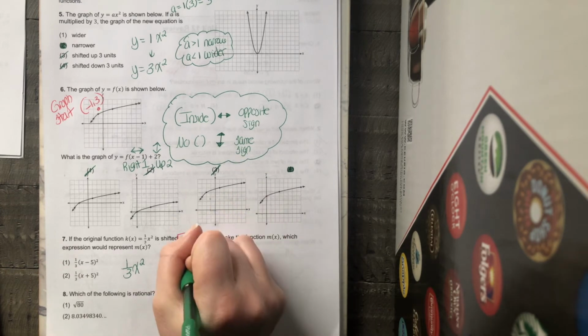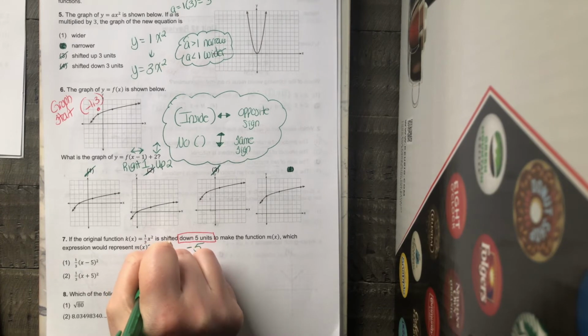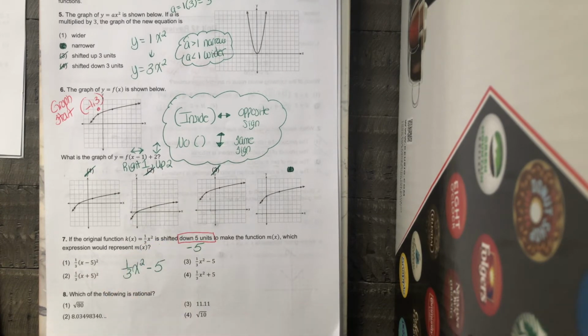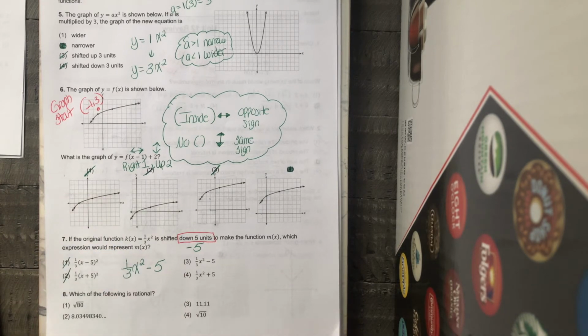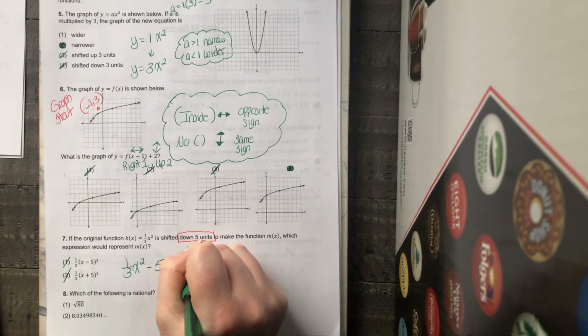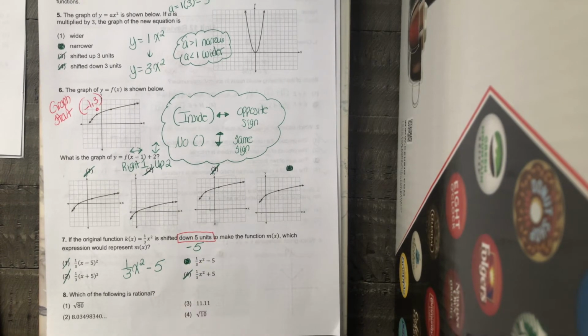I keep the sign, so -5. So again, this should be on the outside with no parentheses. What choice matches? Well, not 1 or 2, because those have the 5 inside parentheses. Has to be choice 3, because I'm looking for a -5, not a +5.